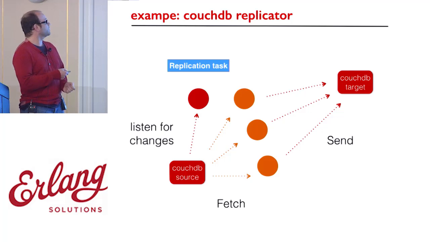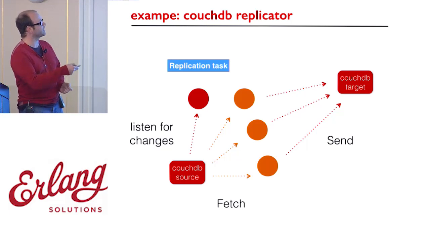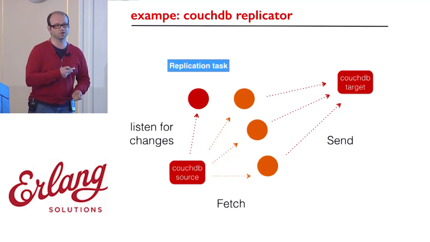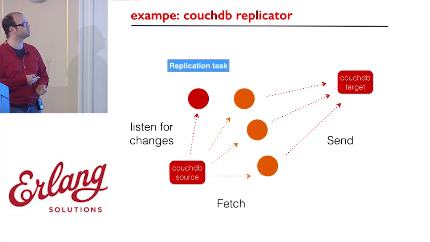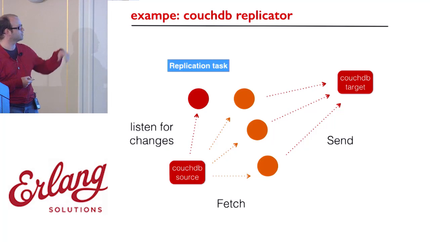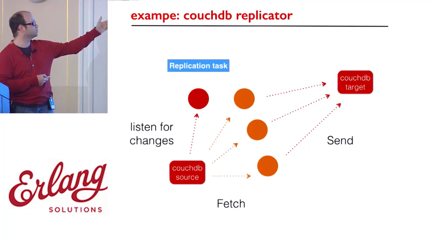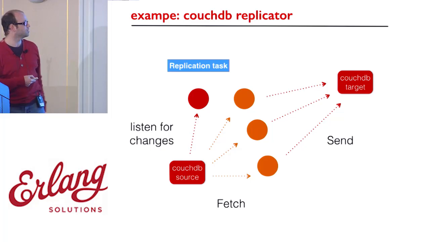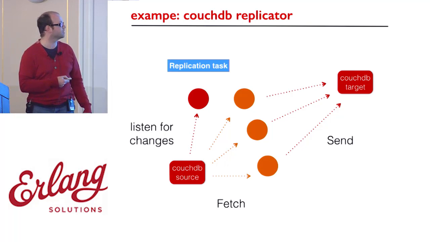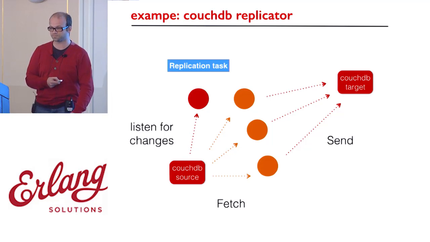And it fetches the document and its attachments and sends them back to the target. So I have actually at least 3 connections at any time for one document: a continuous connection accessing a CouchDB source, a connection to fetch the document, and a request to send the document to the target.